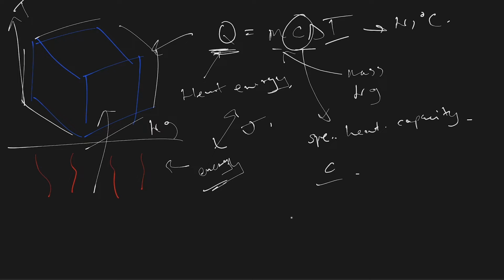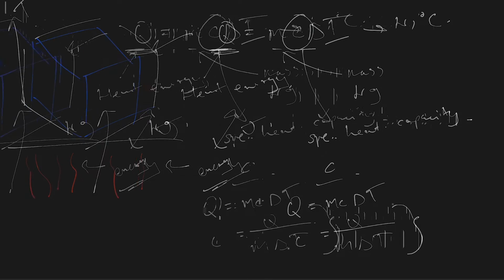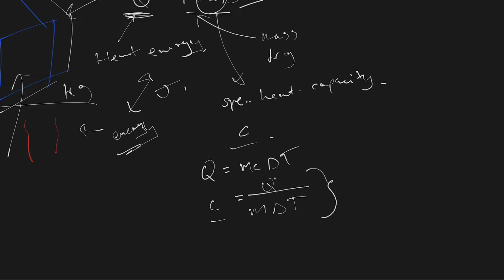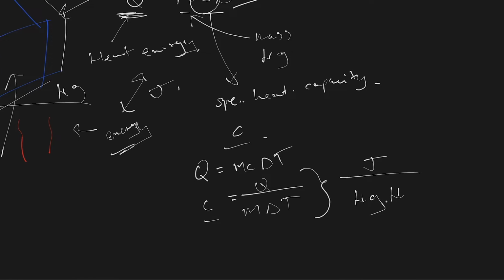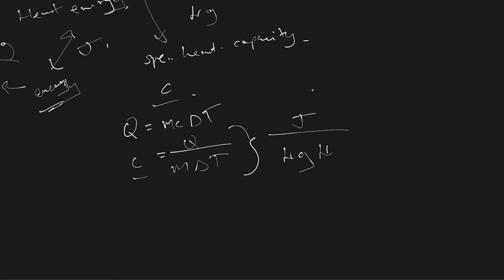And if we rearrange this equation, Q equals mc delta T, we get C is equal to Q over m delta T. And this actually helps us define what specific heat capacity, or C, actually is. Well, we know that Q is measured in joules, we know M is in kilograms, and delta T is either in Kelvin or Celsius. I'll say Kelvin for now. And so if you were actually asked to define what exactly specific heat capacity is?